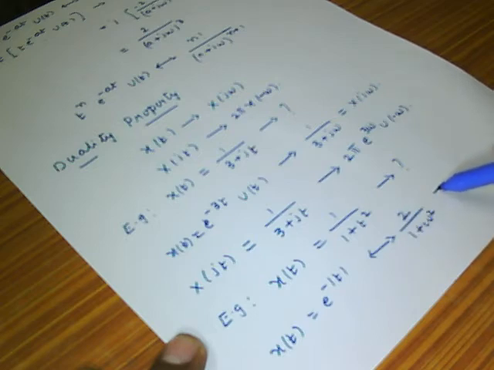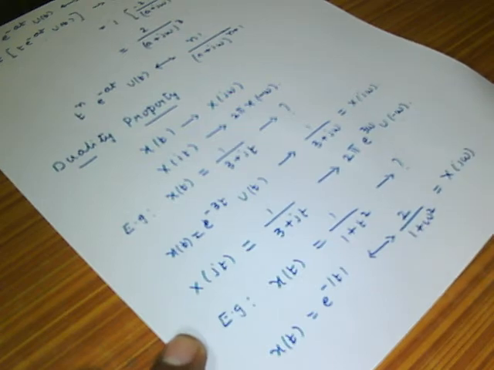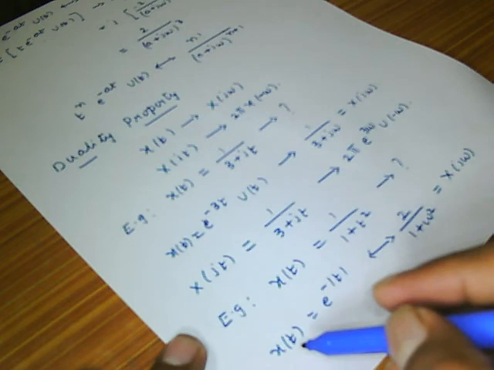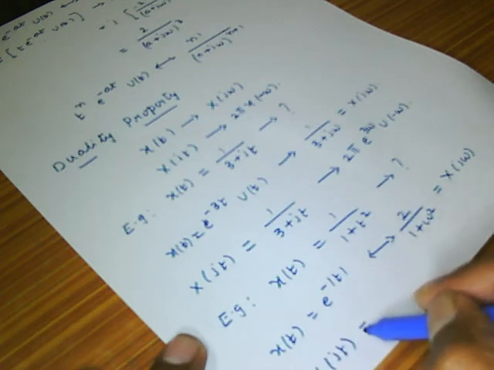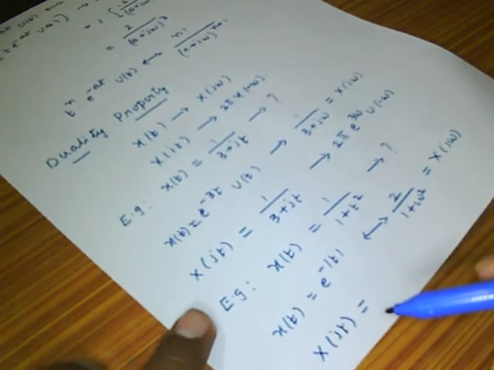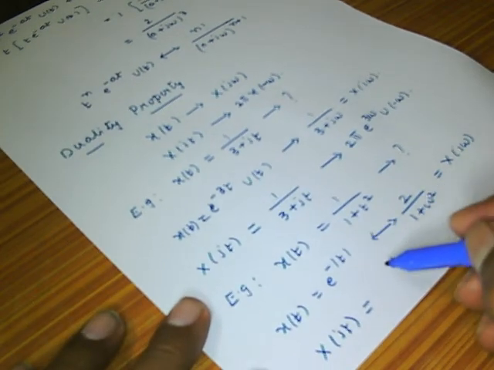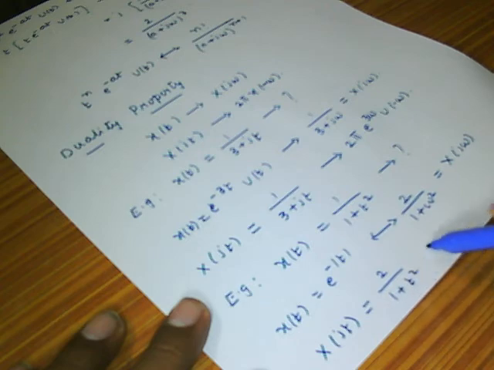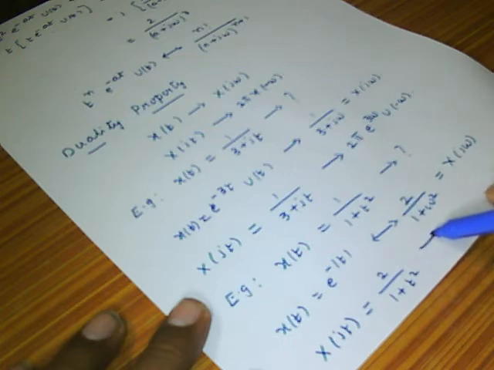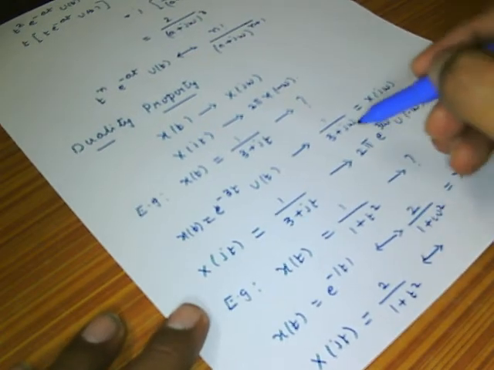Let me call this x of j omega. Now if I replace omega with t, what will happen? x of jt will be equal to 2 by (1 plus t square). So corresponding Fourier transform according to the duality property.